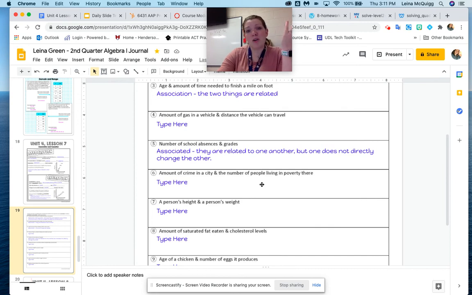Well, just because you're poor doesn't mean you're a criminal, right? So that doesn't necessarily have a direct effect on the amount of crime. You could live in a poor community and have really low crime rate. Or maybe it goes the other way. Maybe if you live in a city that has high crime, does that mean you are poor? It's a poor community. Not necessarily.